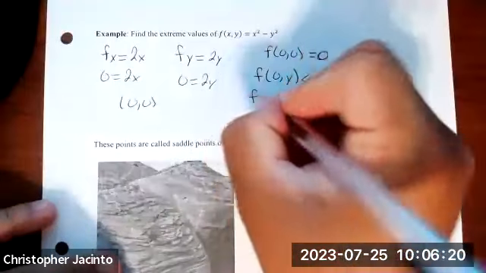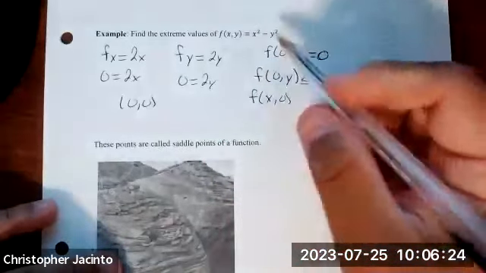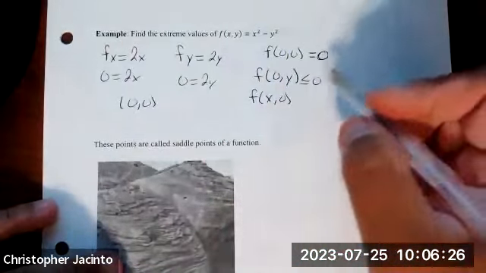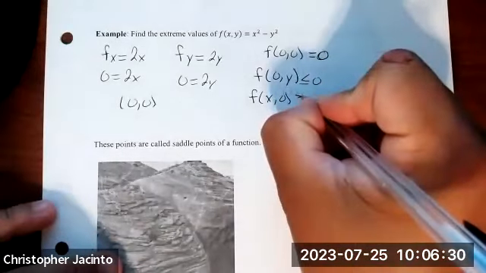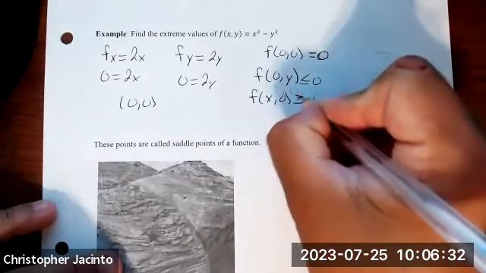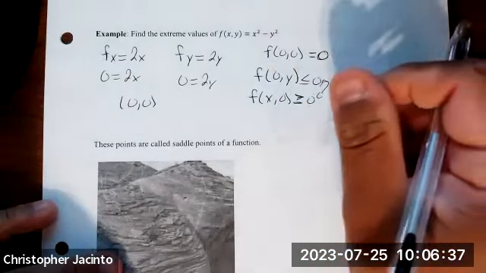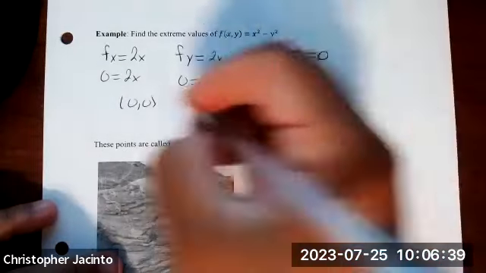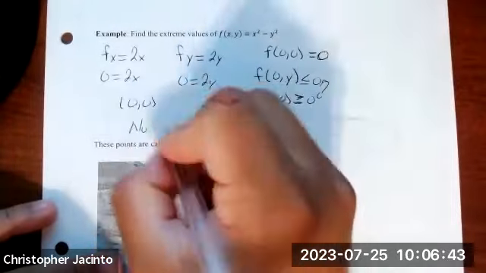If I do it the other way, and I plug in any arbitrary value for x and set y equals 0, that's going to be greater than 0. So they kind of contradict each other, right? So because they contradict each other, this actually is not a critical point. So this has no critical values.